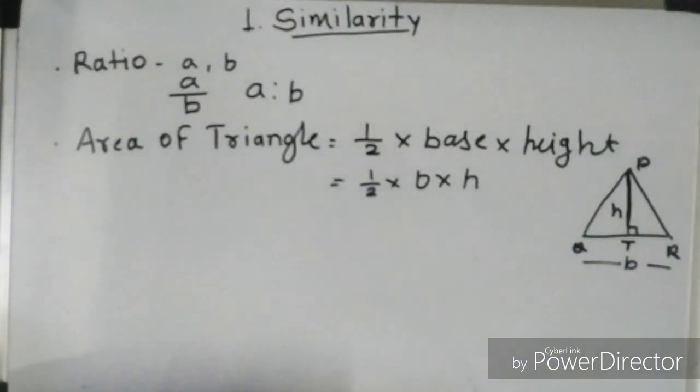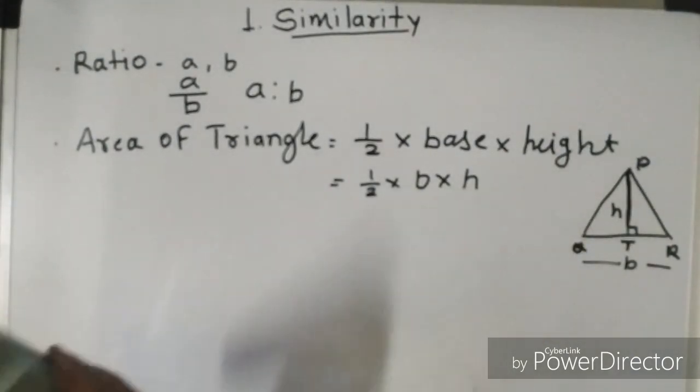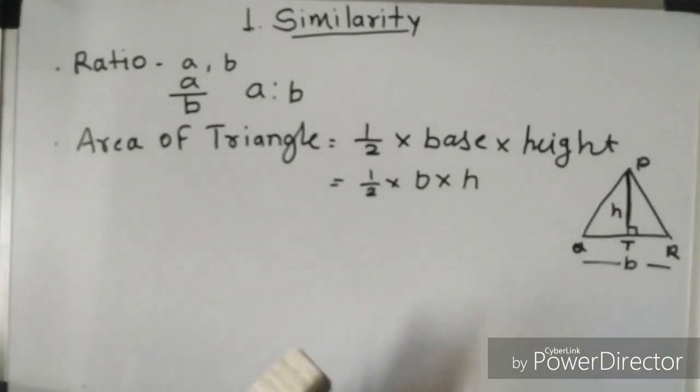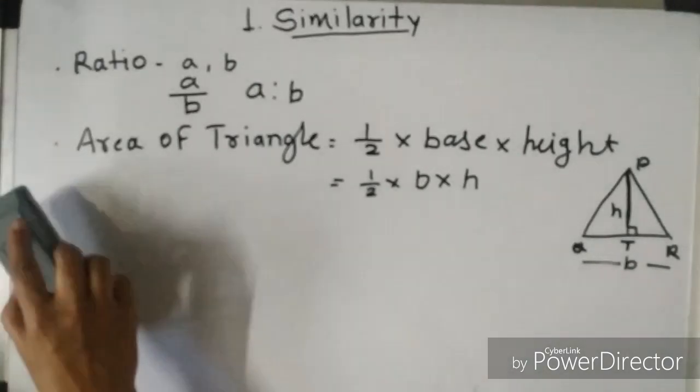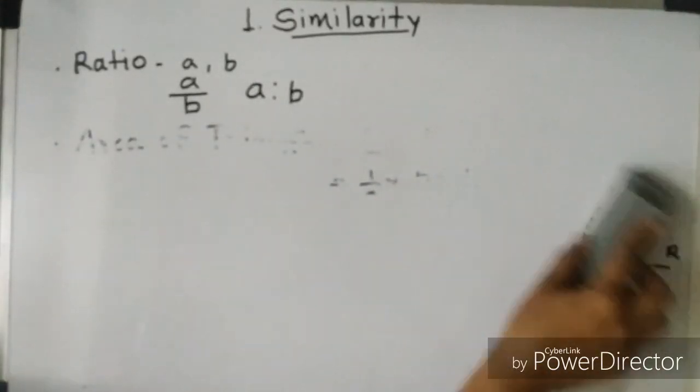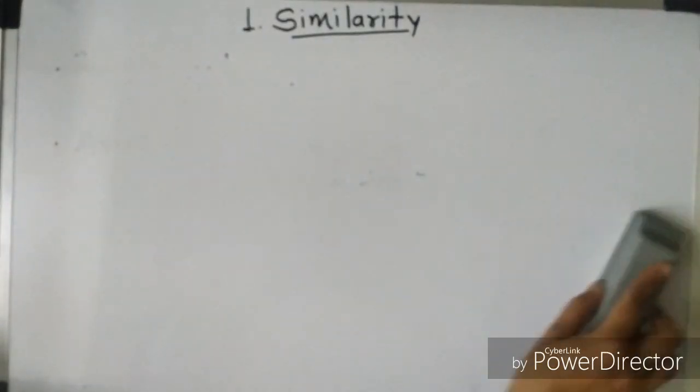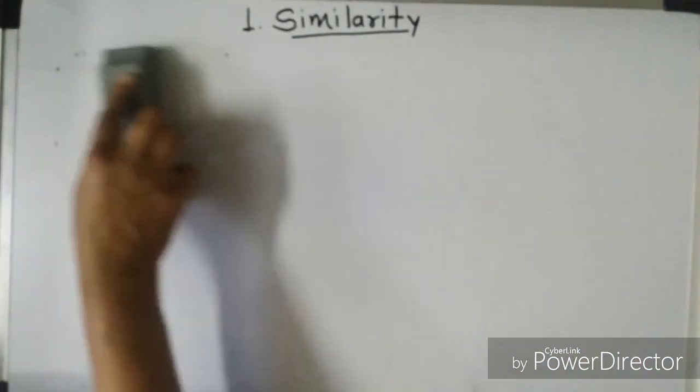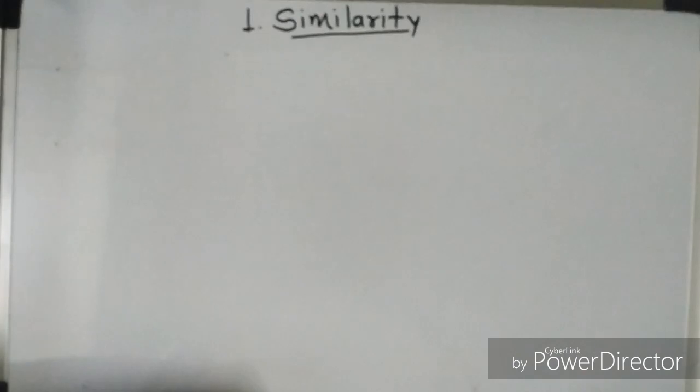Okay, this much knowledge is now sufficient for you to know the first point of this lesson, that is the ratio of areas of two triangles. We move towards the first point. There are some properties about the ratio of areas of two triangles.